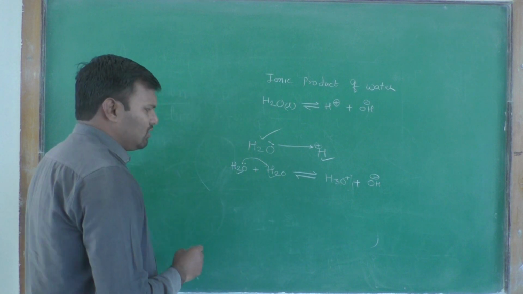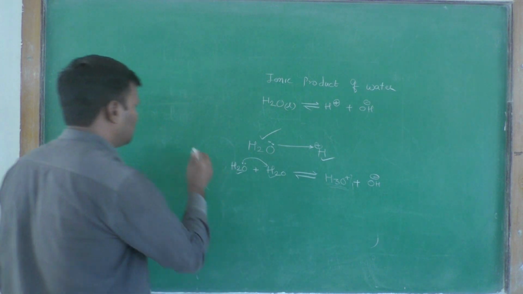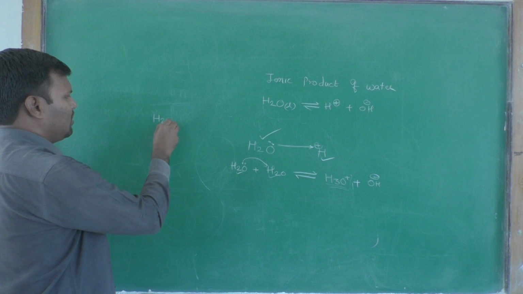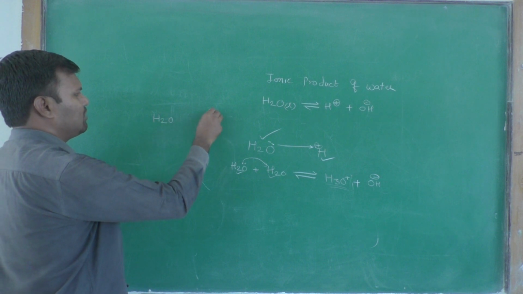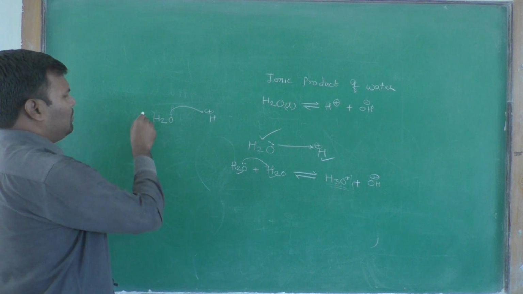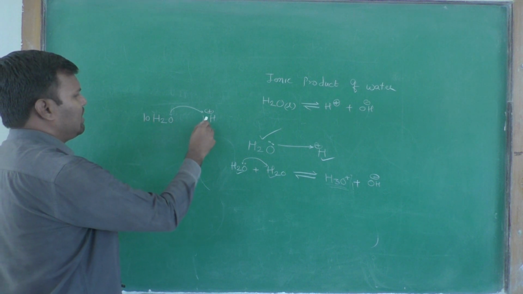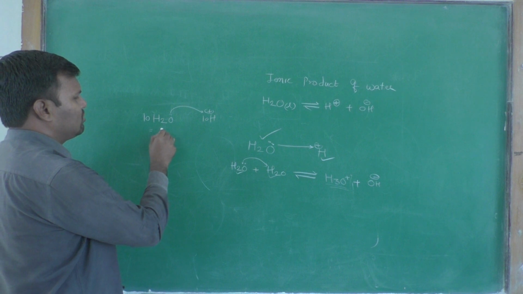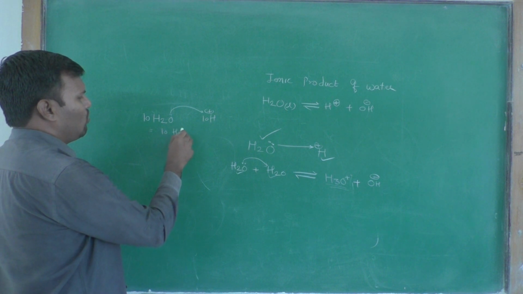The H3O plus is produced by H2O and H plus. If 10 H plus ions are there, it gives 10 H3O plus.